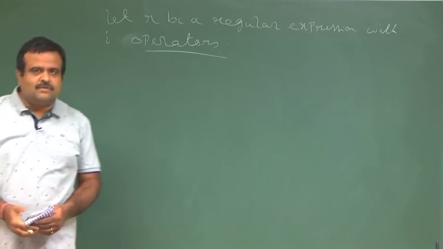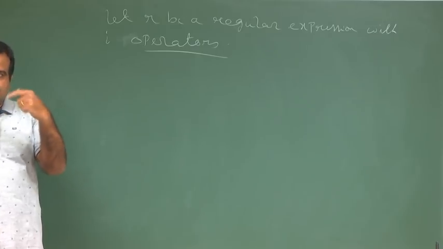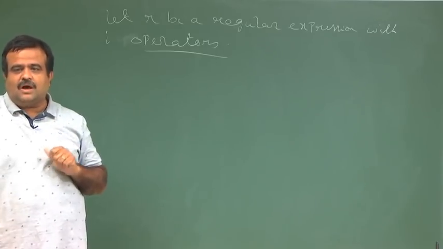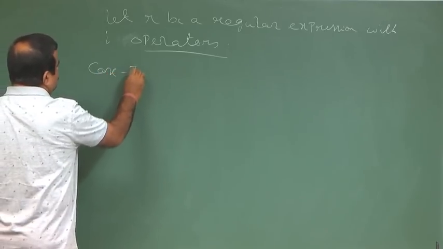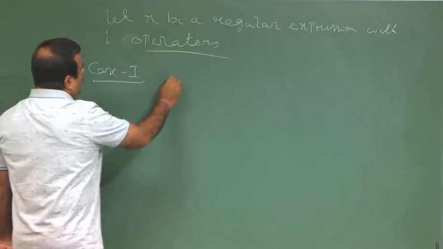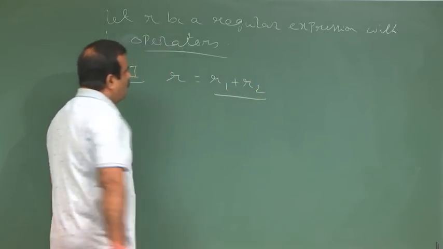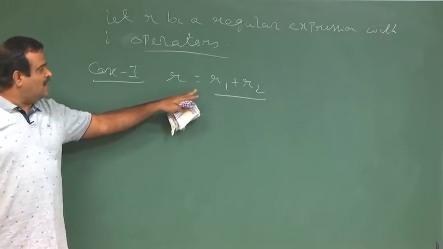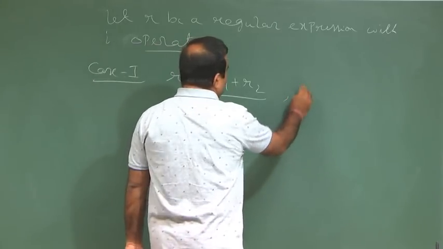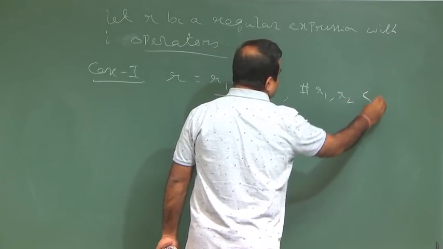So, if I is greater than 1, it is not the base case, then R must consist of the recursive definition. So, R will be of this form. There are 3 cases here. Case 1. R will be some R 1 plus R 2, where, because we have used one operator over here, the number of operators in R 1 and R 2 are both less than I.